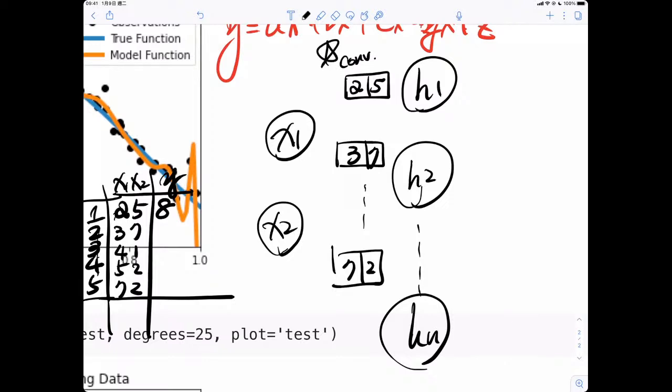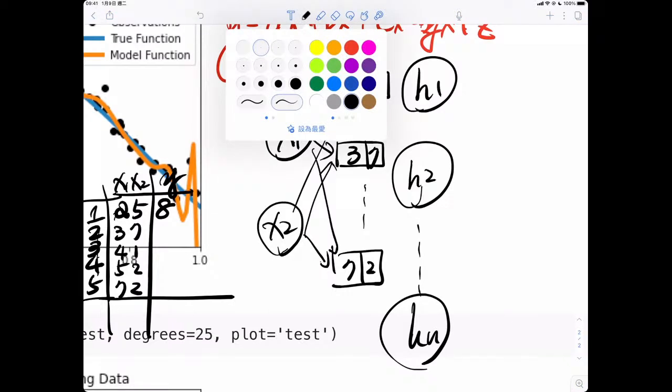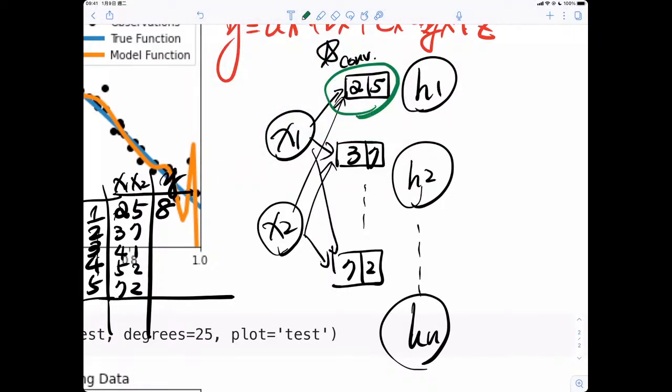We can create a very specific convolution layer. But only the first convolution kernel right here is active for your first data point. So it will be activated right here. So H1 will output 8, for example. Of course, H1 will be connected to some other convolution layer.